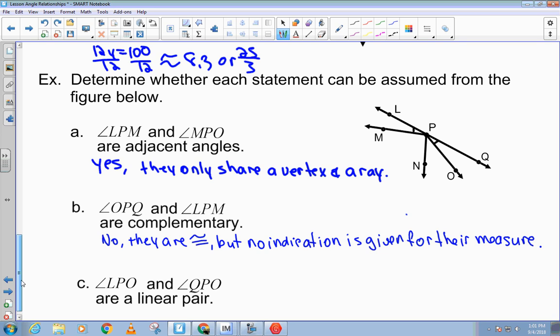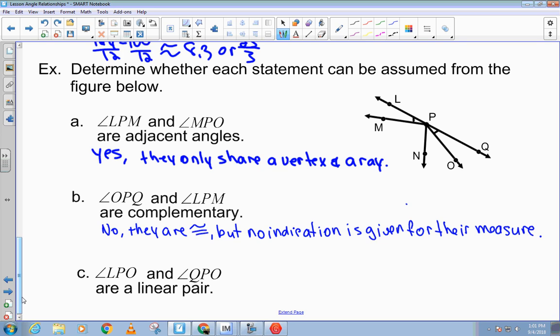All right, last one. LPO and QPO are a linear pair. What do you think? Yeah, they are, right? Why? They're on the same line, right?